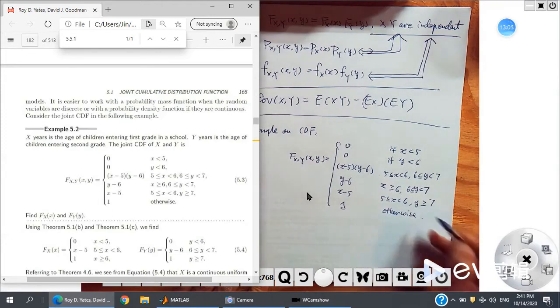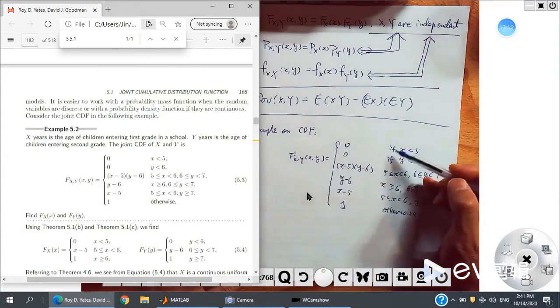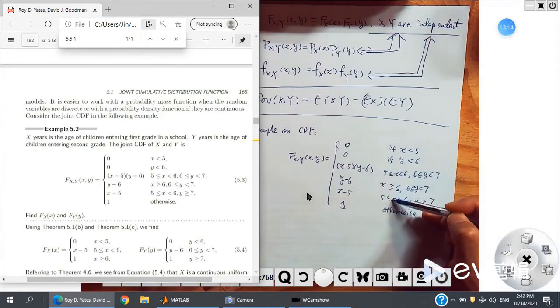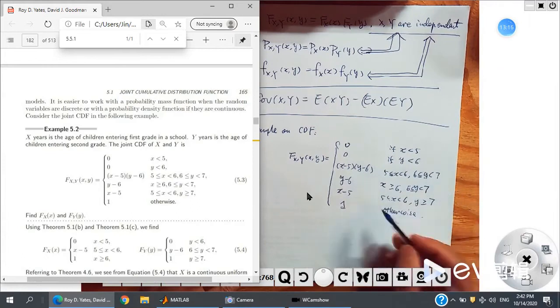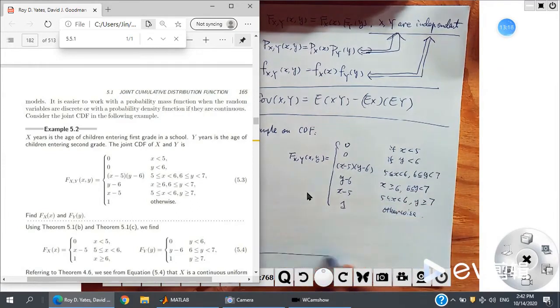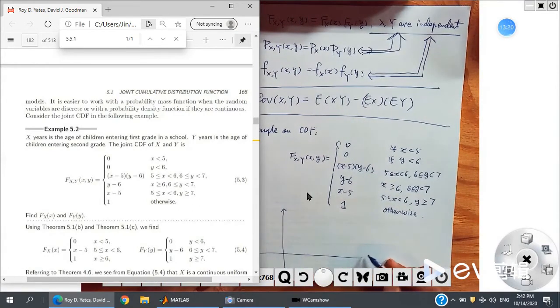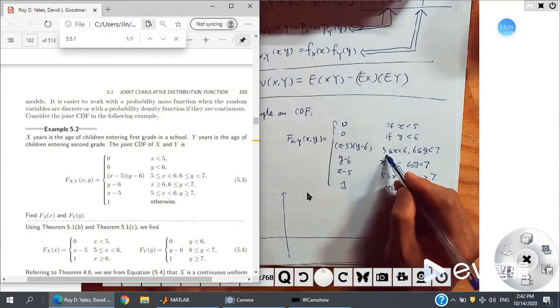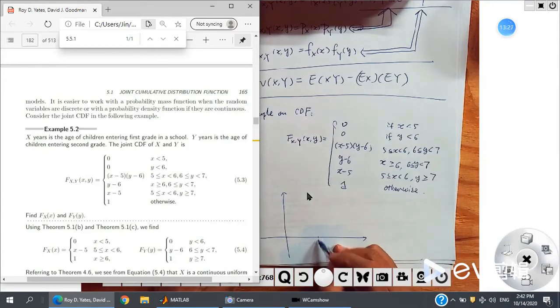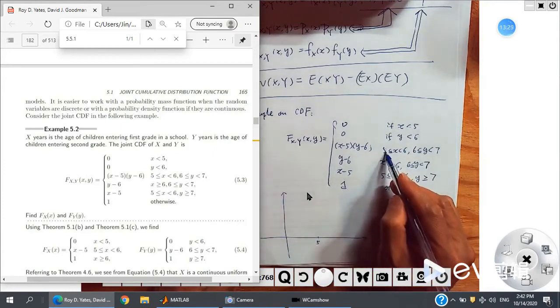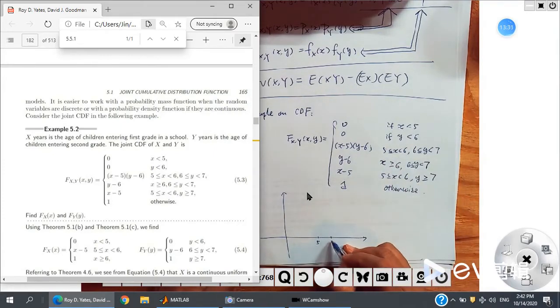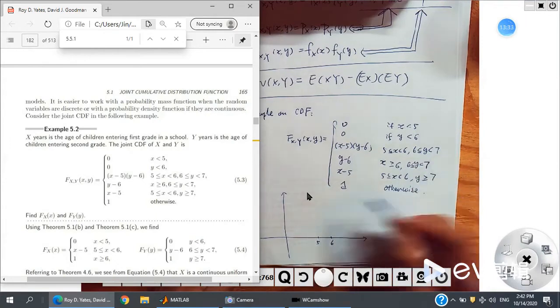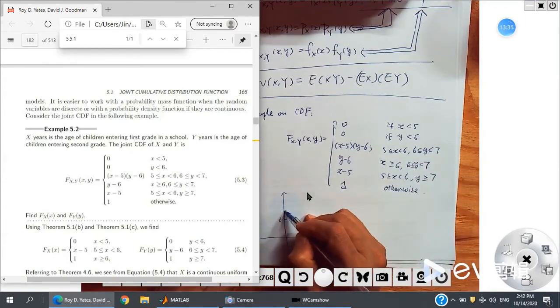Right. Okay, I want to give a graph to show it, but before that we can look at these conditions. Actually, these conditions give us the range for different values, right? So we can check how it looks. I need values 5 and 6 for x, and 6 and 7 for y.